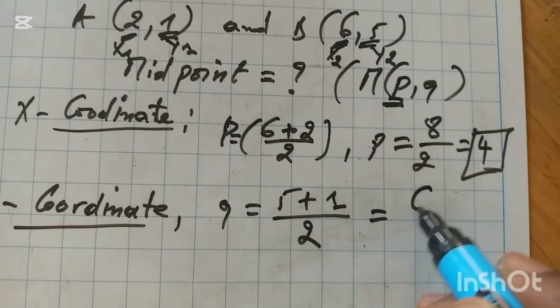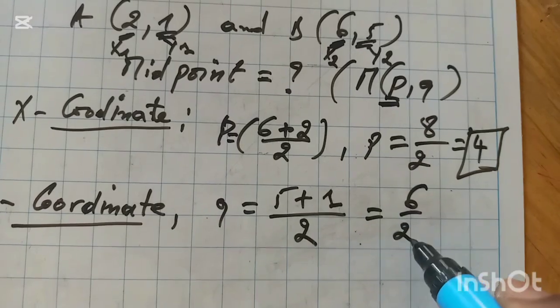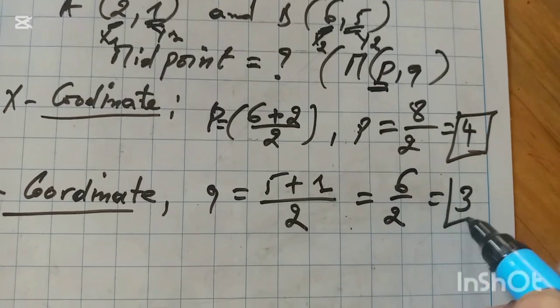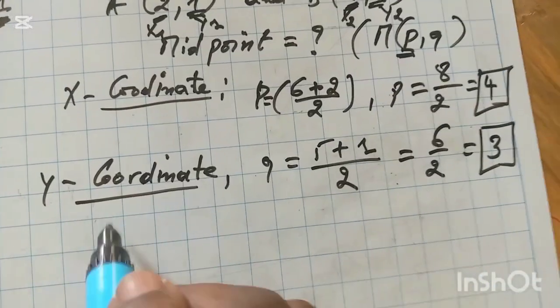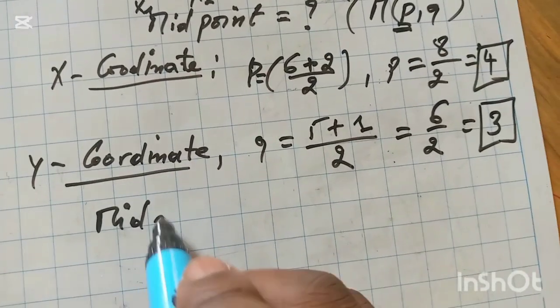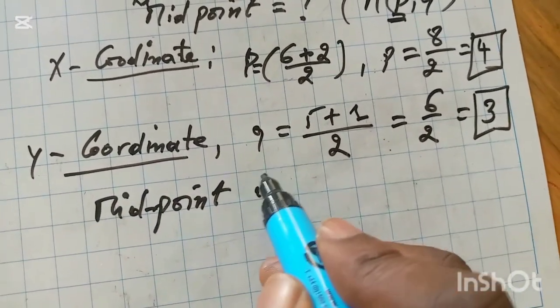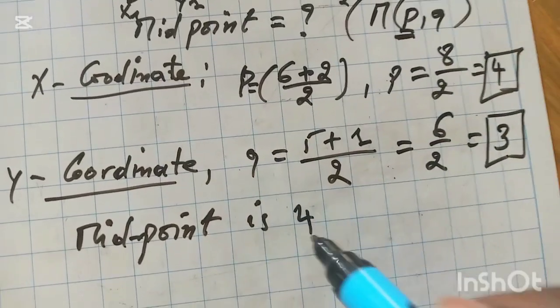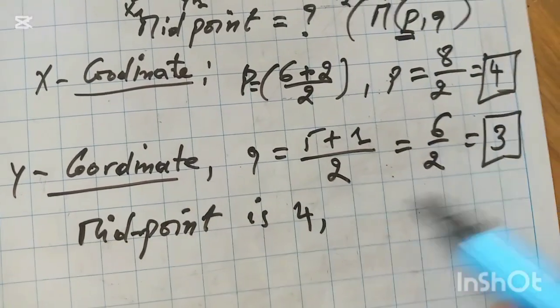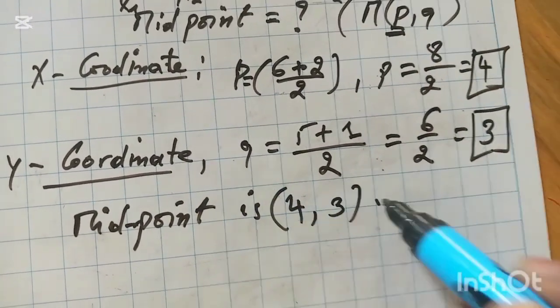This is equal to 6 divided by 2, which is equal to 3. Then our midpoint is, my x is 4 and my y is 3.